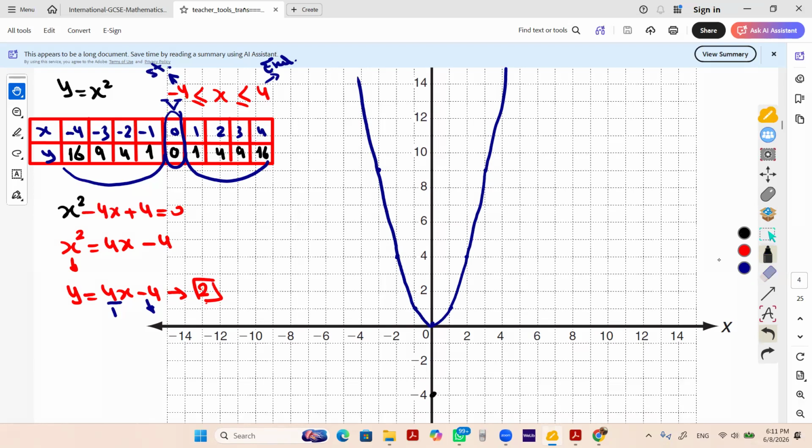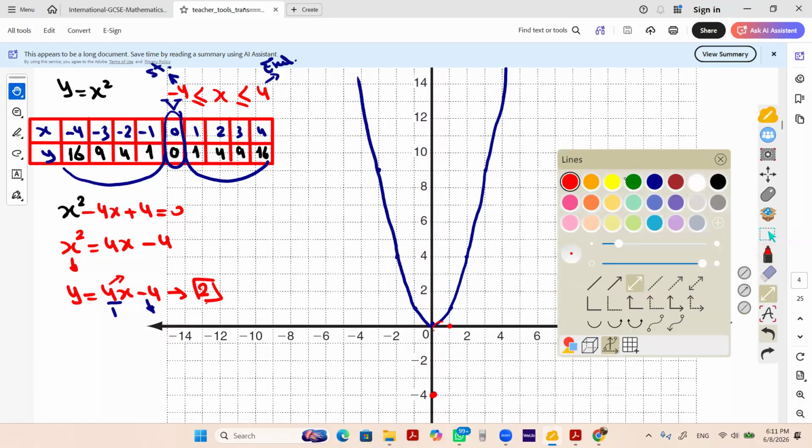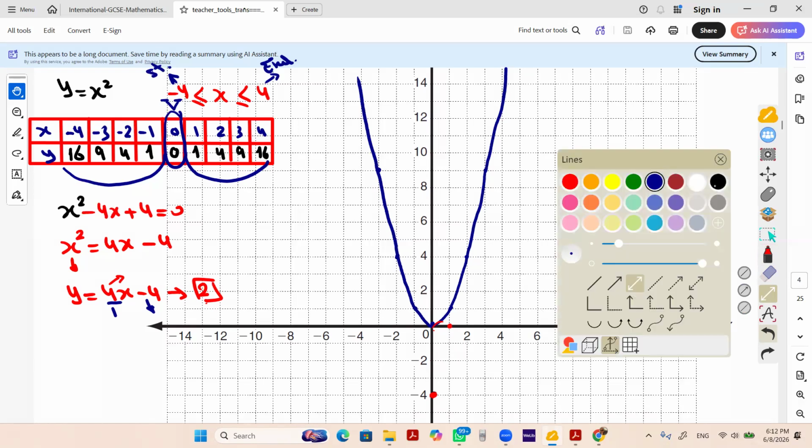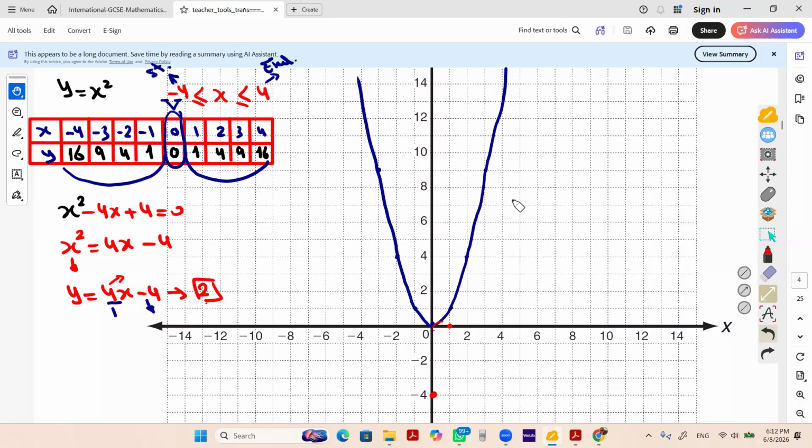So we have to plot a point at y equals negative 4. Then the gradient is 4 over 1. This means rise over run. We move up 4 steps, 1, 2, 3, and 4, then move to the right 1 step. So this is the second point that we have to draw. Then the line that we have to draw will be like this.